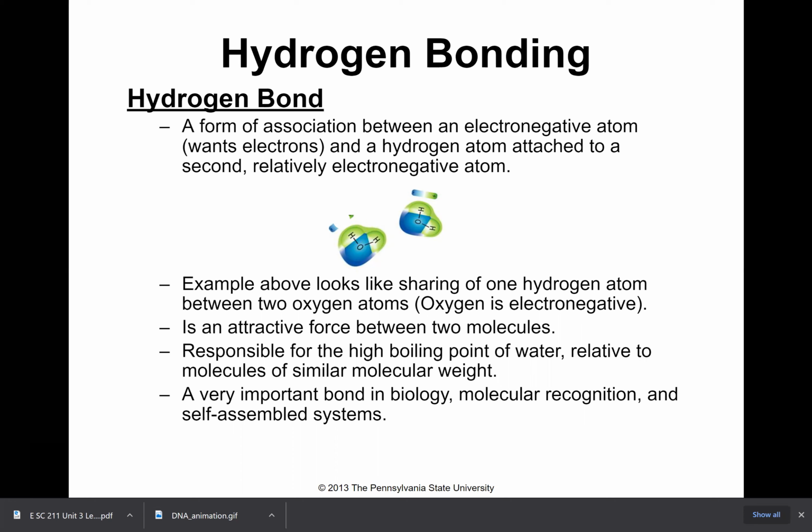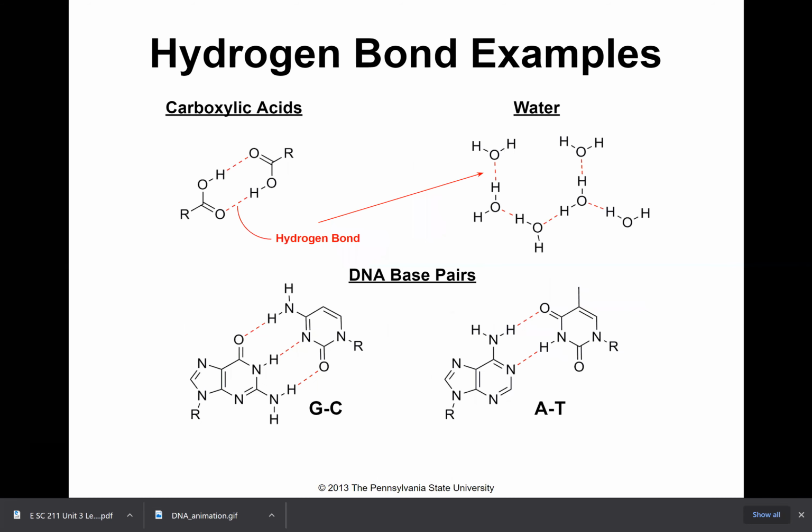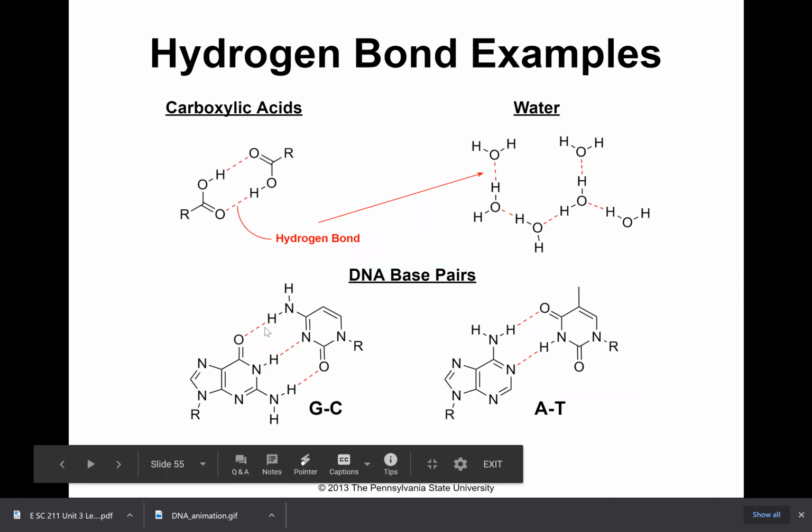We already talked about the DNA strands being attached with hydrogen bonding between the bases, as well as molecular recognition and self-assembly systems. Here are some examples of carboxylic acids and water, how they're using hydrogen bonding, and DNA base pairs, which is why I want to show this. This actually shows it, right?